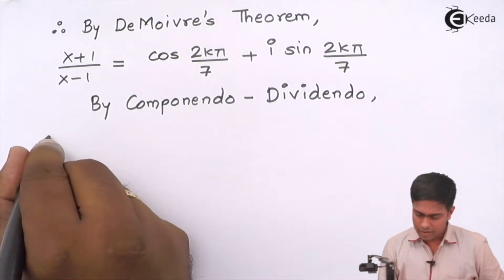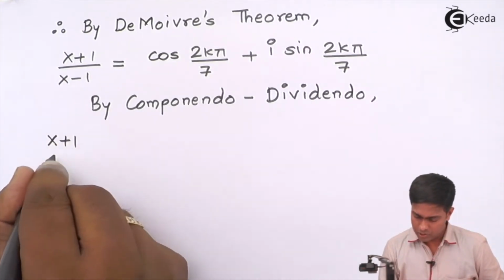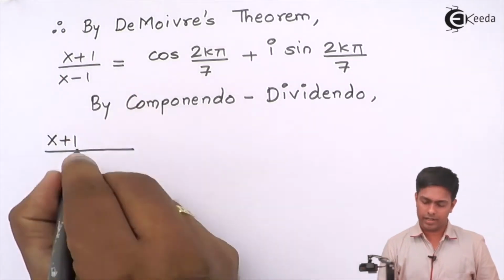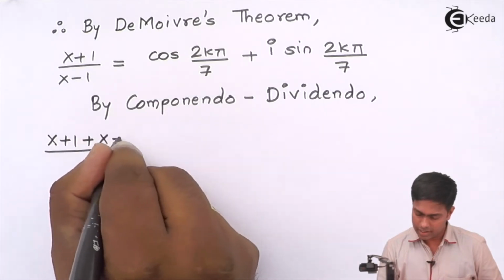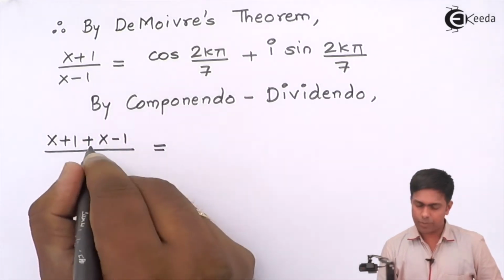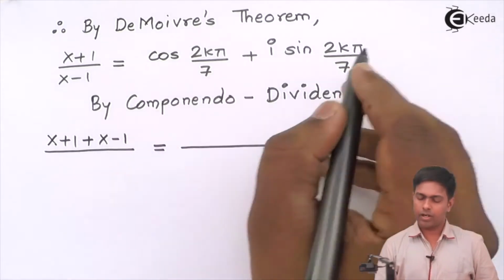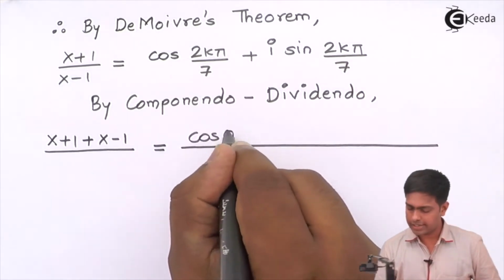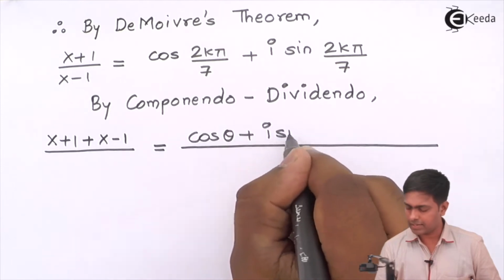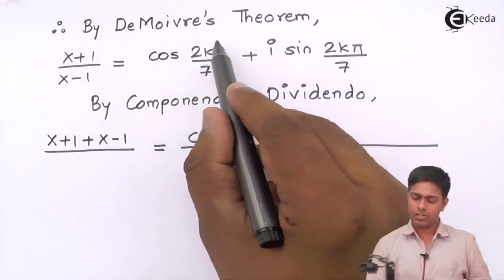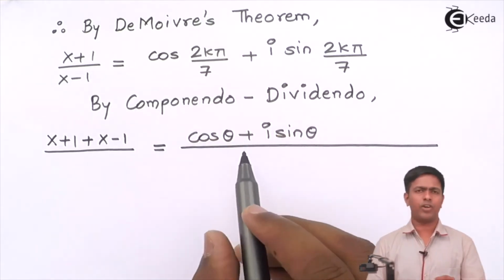On the left hand side, I have the numerator x plus 1, so I'll add the denominator to it, that is x minus 1. The same process I'll do on the right hand side. So here the numerator is cos theta plus i sin theta. As I said, we are considering this 2k pi by 7 as theta for the time being.